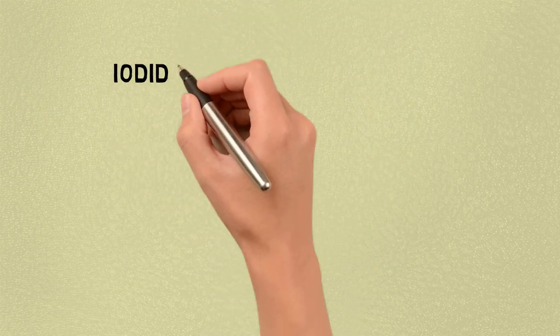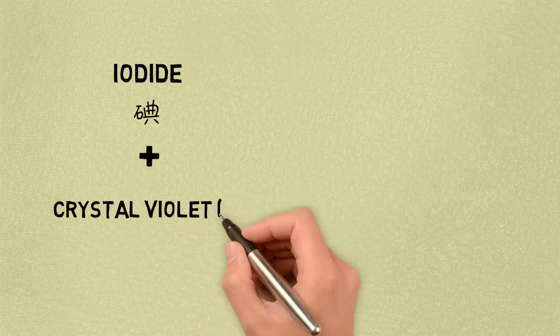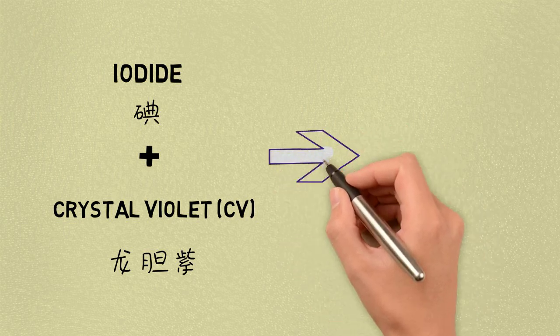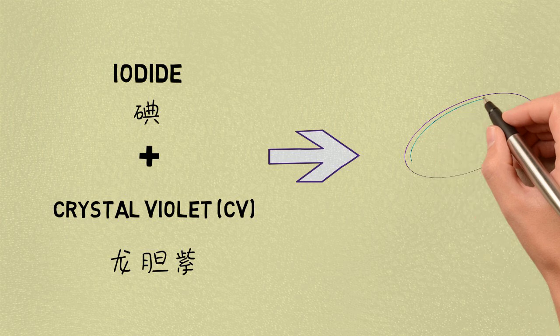Iodide interacts with CV+ and forms large complexes of crystal violet and iodine, CV-I, within the inner and outer layers of the cell. Iodine is often referred to as a mordant, but is a trapping agent that prevents the removal of the CV-I complex and, therefore, colors the cell.